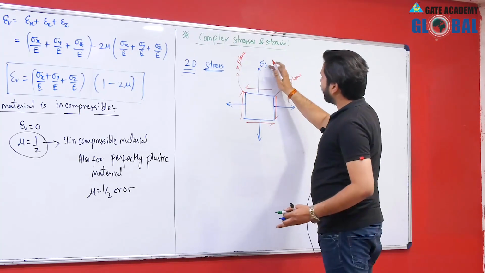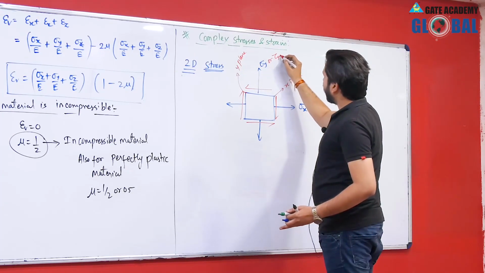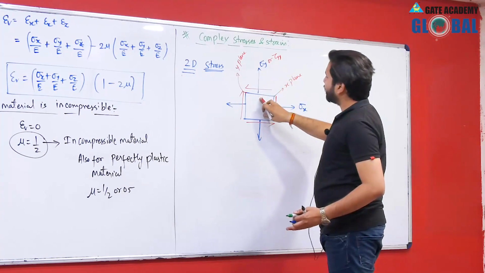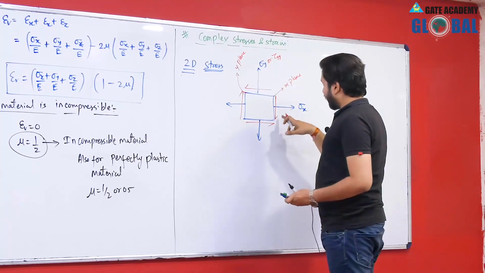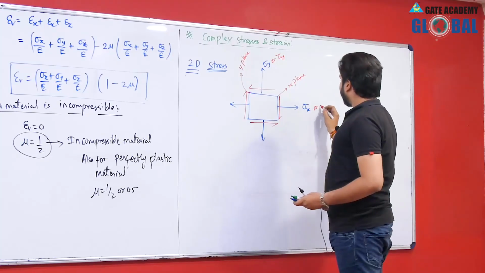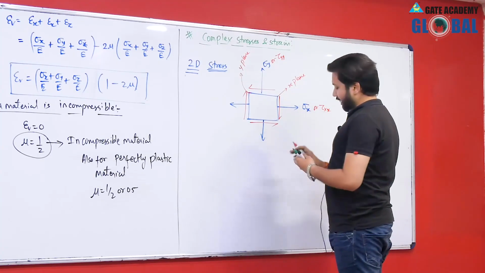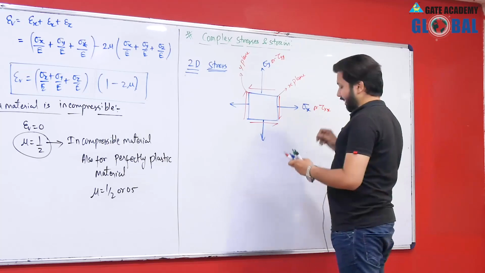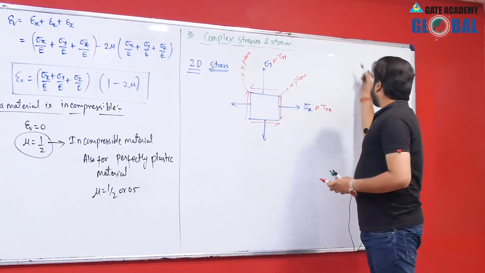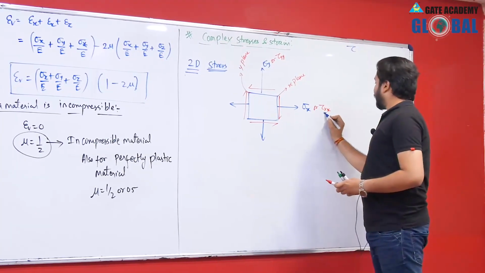Okay. So, sigma y can also be written as tau yy, that is the stress acting on the y plane in the y direction. Okay. And sigma x can be written as tau xx, that is the stress acting in x plane in x direction. This x means the x plane in x direction.